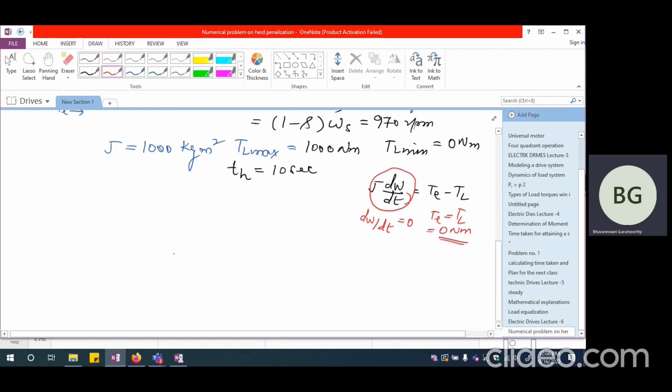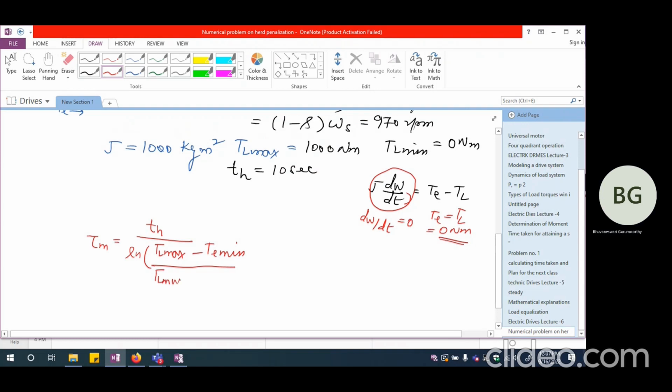This is going to be tau m equal to TH divided by the natural logarithm of (TL max minus TE minimum) divided by (TL max minus TE maximum).